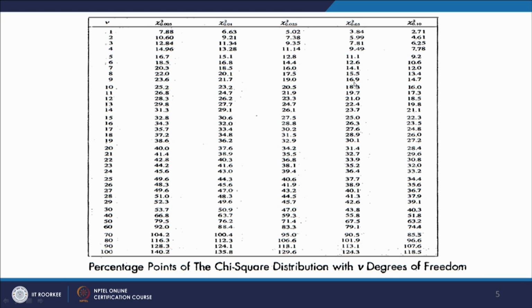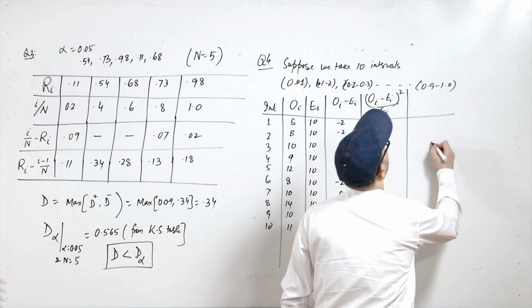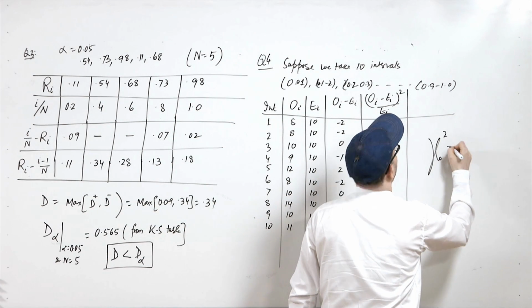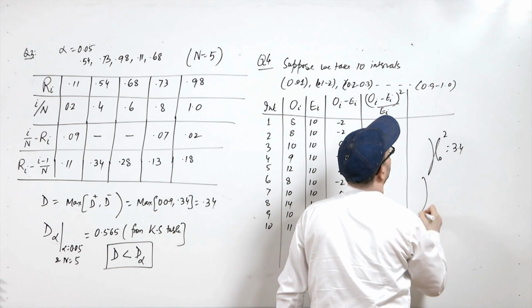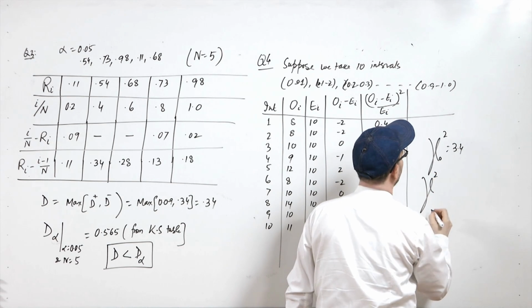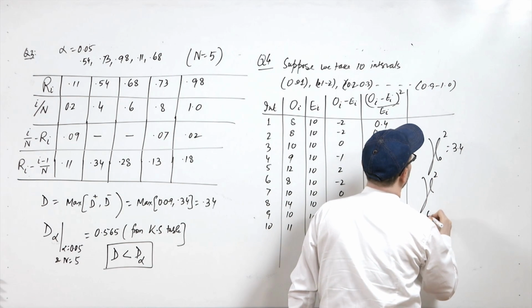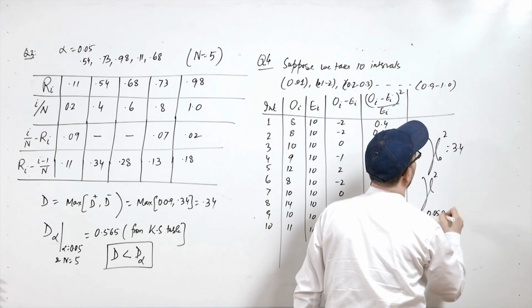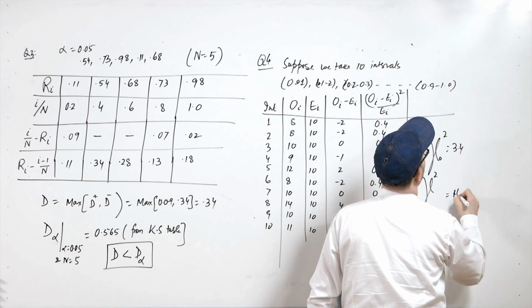So what we see is that we get 3.4 for the sample, and for 0.05 and degree of freedom 9 it is 16.9.